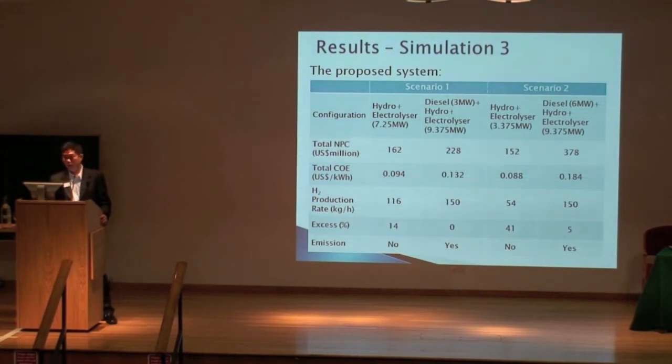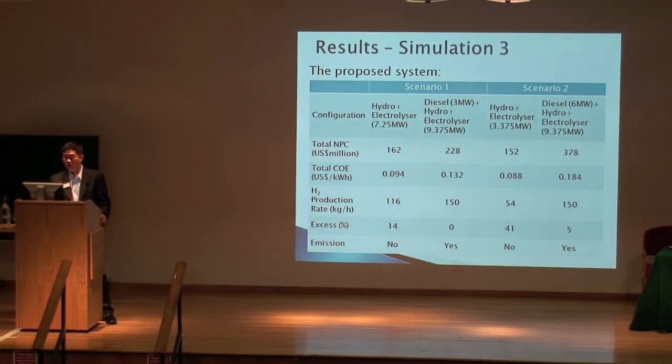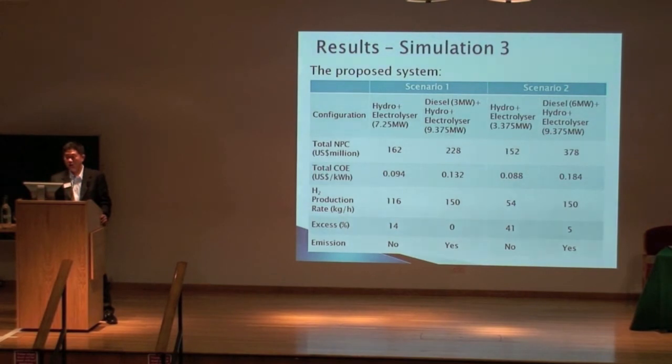It is possible. If you look at scenario 1, we can produce more because a larger electrolyzer capacity can be used. This is due to the water discharge rate, which is constant throughout the year.